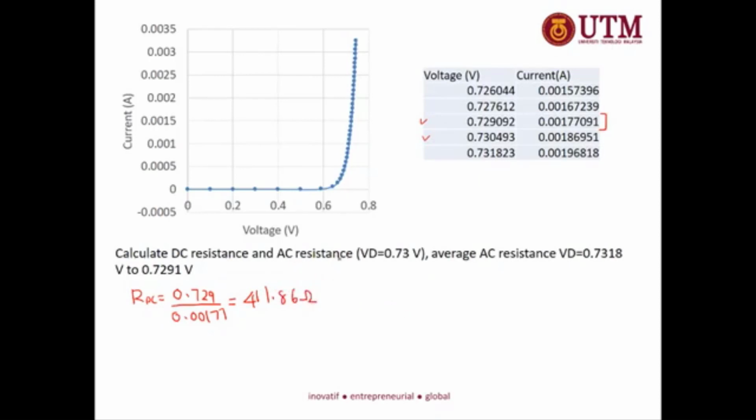Next is AC resistance. AC resistance at VD equal to 0.73. This is quite straightforward because the AC resistance is given by this simple equation, 26 milli over ID. So the ID is 0.00177.